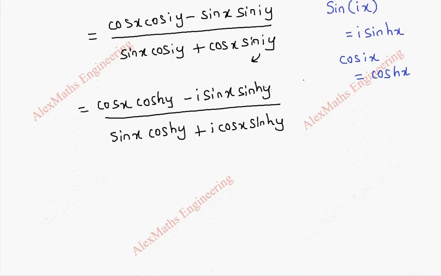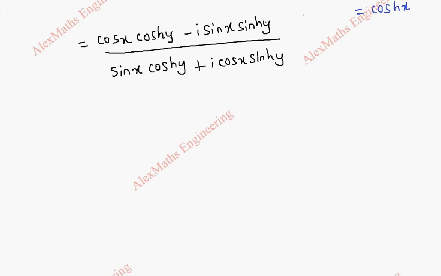Now after this, we are going to take the conjugate of this, because we have to split into real part and imaginary part. Conjugate of this, and we are going to multiply with both numerator and denominator.